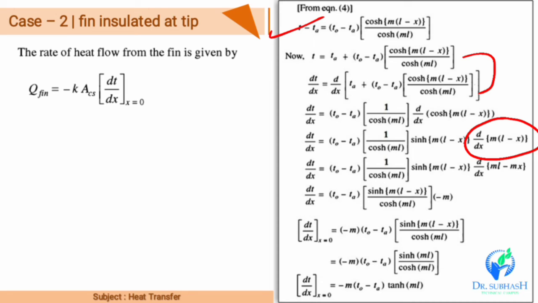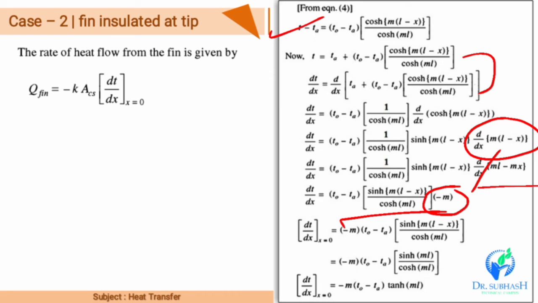Multiplication of m with L and x, so we get d/dx of mL minus mx. d/dx of mL is 0 and d/dx of mx is m, so we get minus m.